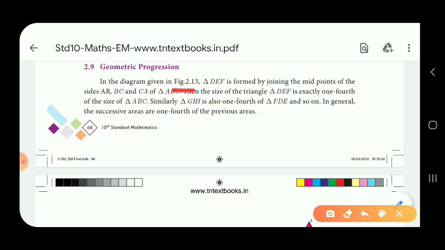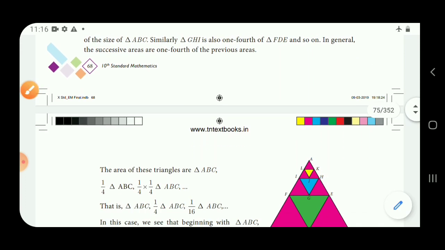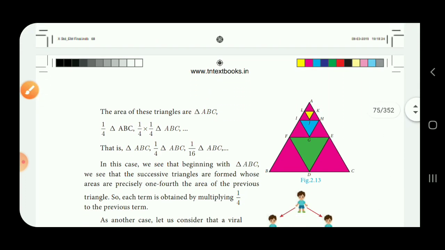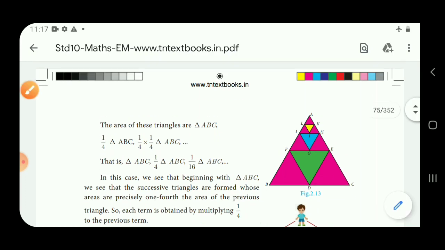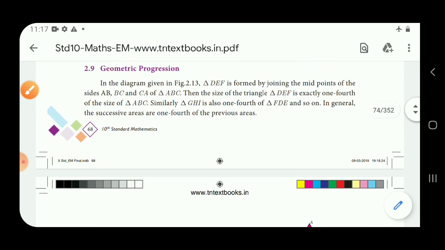So in a triangle ABC, and inside that having DEF, the triangle DEF is formed by joining the midpoints of the sides AB, BC and CA.